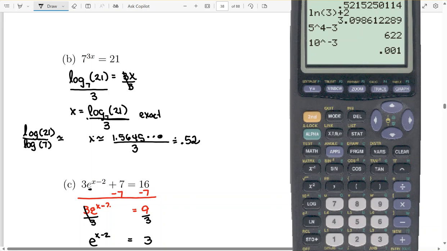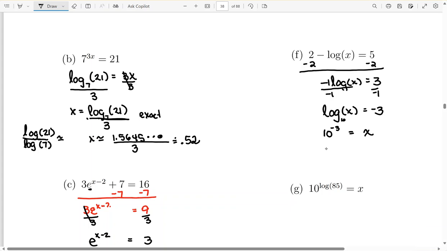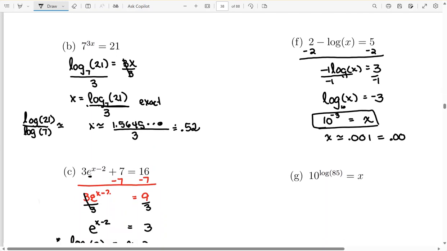The problem with that is if I round to 2 decimal places, it's just going to be 0.00. So in this case, our exact answer is much better than our approximation. Approximation is 0.001. If rounded to 2, it would just be 0.00. It's kind of a weird question.